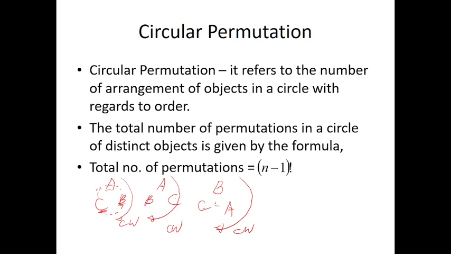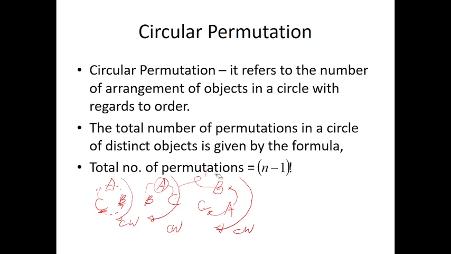Same lang yan. Kasi, eto si A. Sa kanan niya si B. Sa kaliwa niya si C. Si A, sa kanan niya si B. Sa kaliwa niya si C. Pareho din. Pareho din dito. Okay? Umikot lang yung mga upuan, pero yun pa rin. Dito yung upuan ni A, upuan ni C, upuan ni B. Kumbaga, umikot lang yung mga upuan, pero pareho pa rin yung pattern. Okay? So, that means, it's just the same. One count lang yan. One count.